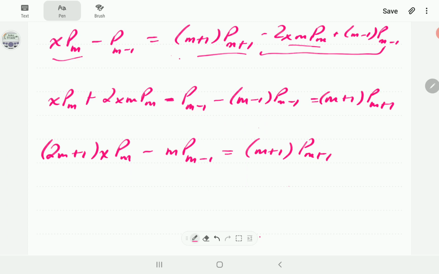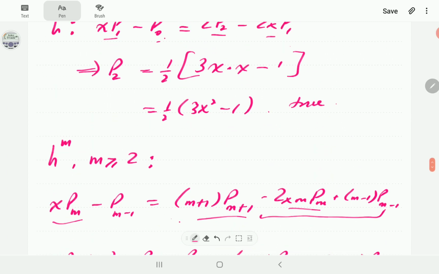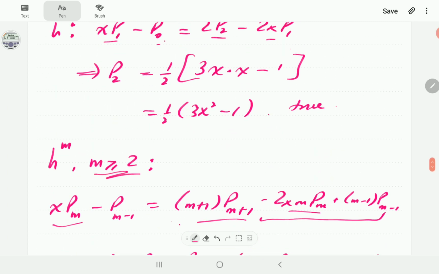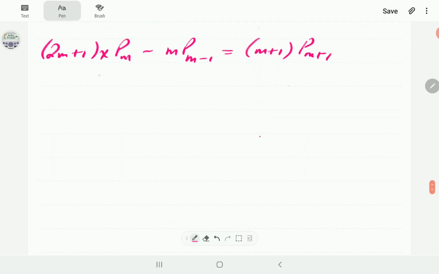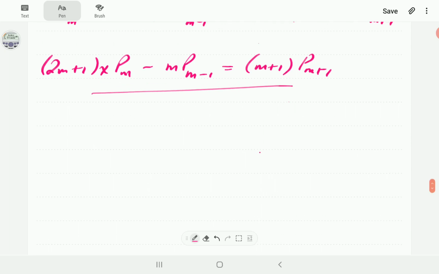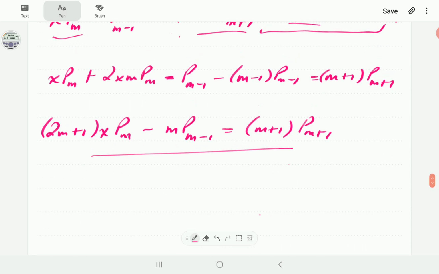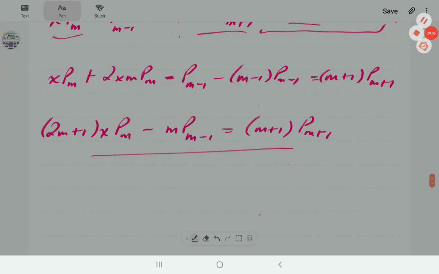Okay, and so of course this is going to be true for m is 2 or greater, and this is of course the required recurrence relation. So that's the derivation of the first recurrence relation.